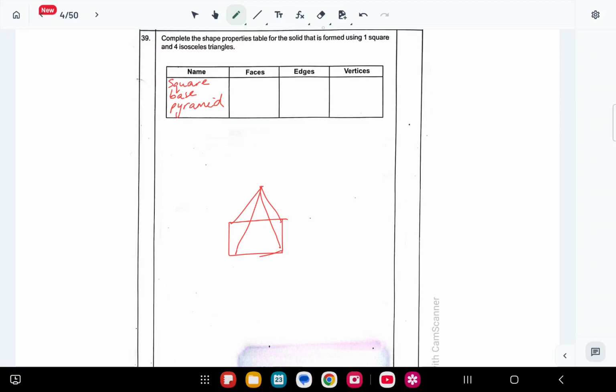Now we know we have 5 faces because it's 1 square, 4 triangles, 5 faces. We have 8 edges, and we also have 5 vertices. Very simple.